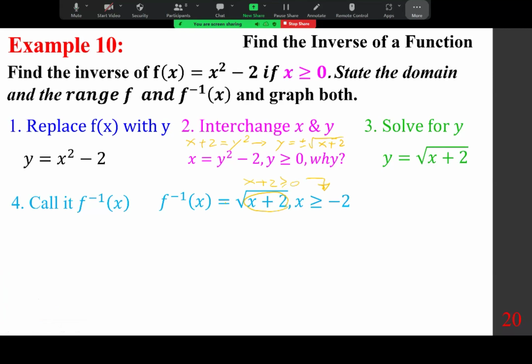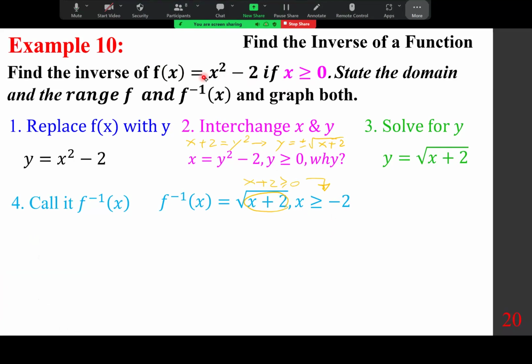So right away, you have the domain and range of everything. Here's the domain for f. Here's the range for f inverse. And now x is larger than or equal to negative 2. That means the range for f of x, y, must be larger than or equal to negative 2.